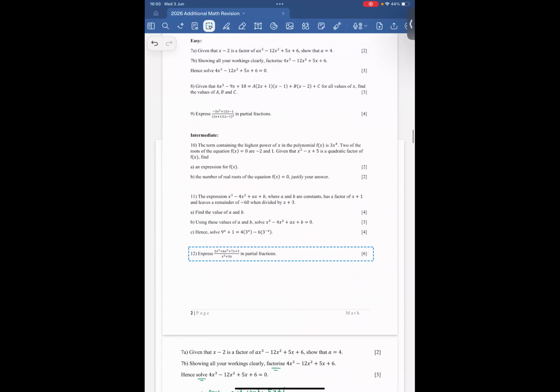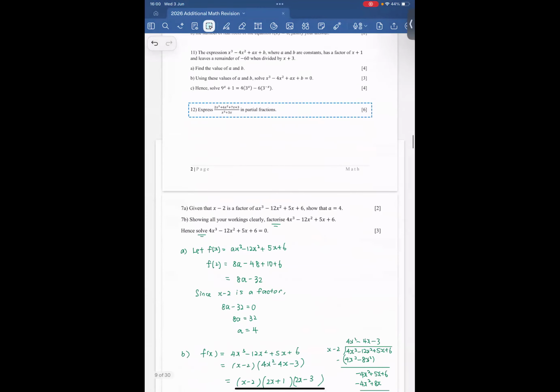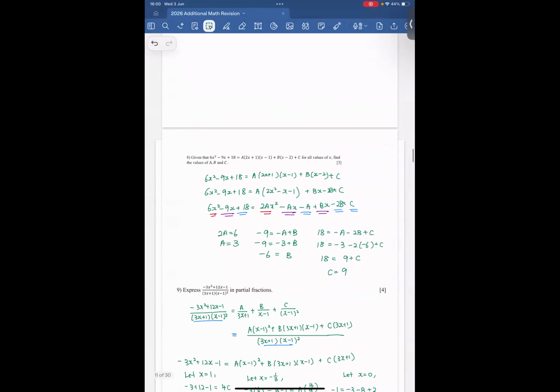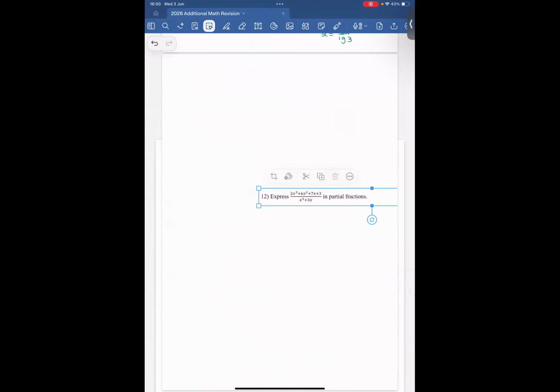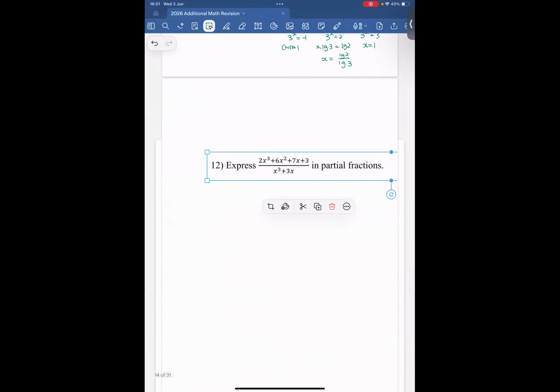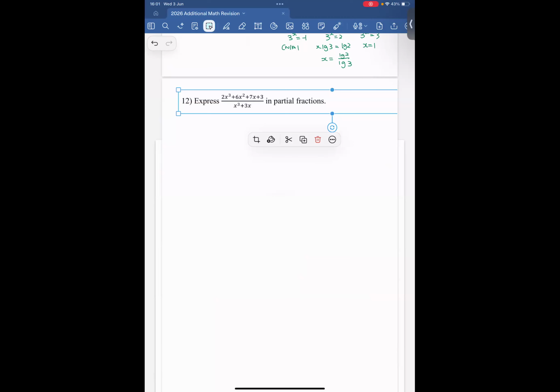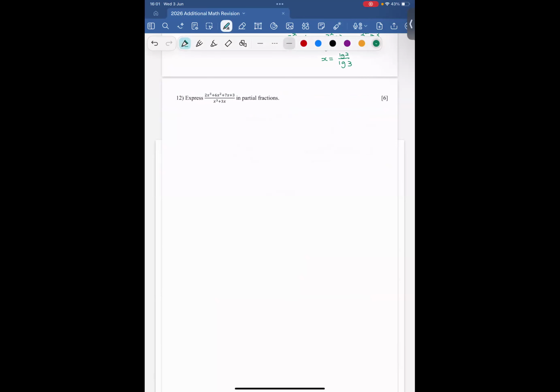Next question 12. Okay, so check the power. You can see the top power is 3, the bottom power is 3. So we have to do our long division.